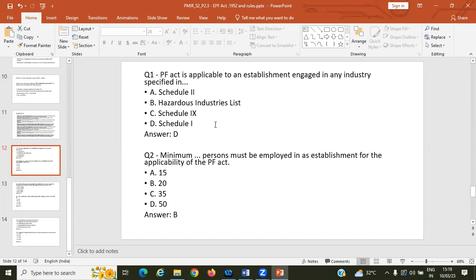Minimum number of persons that must be employed in an establishment for the applicability of the PF Act.